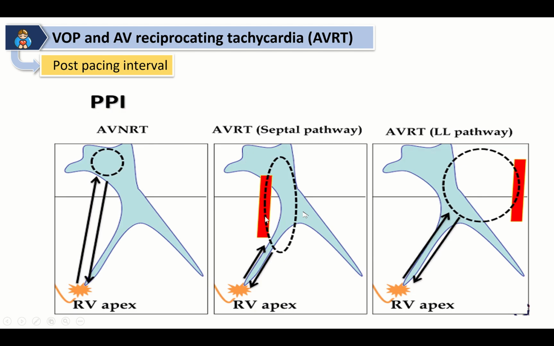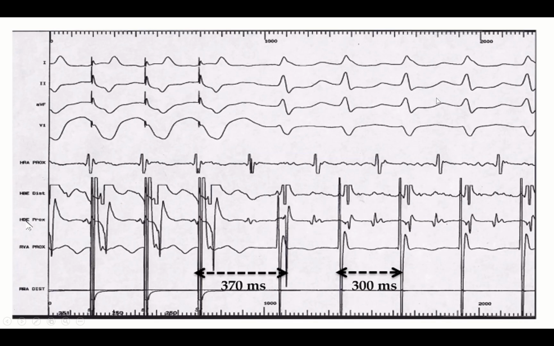In a septal accessory pathway it's different, because the re-entry is large and involves the ventricle. When we pace from the RV, the impulse just exits the catheter, joins the AVRT re-entry circuit, takes one cycle that involves the ventricle, then exits and shortly returns to the RV. That's why the difference is very short. We are very close to the septal accessory pathway. However, in a left lateral accessory pathway, it's a gray zone.